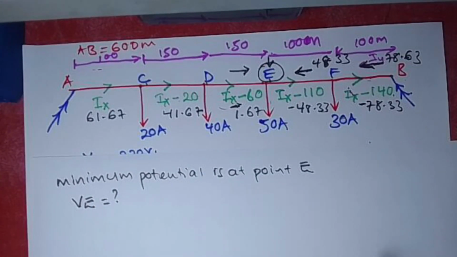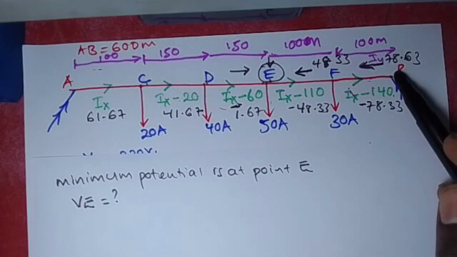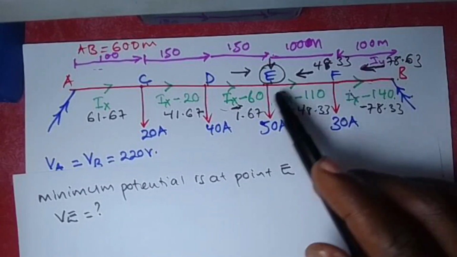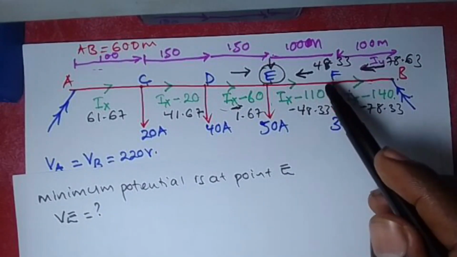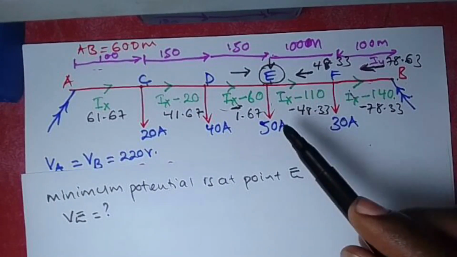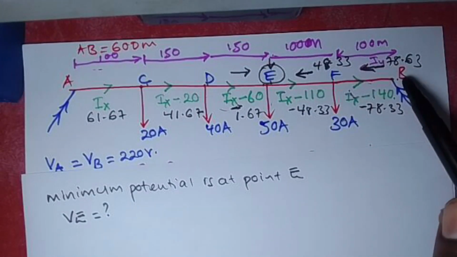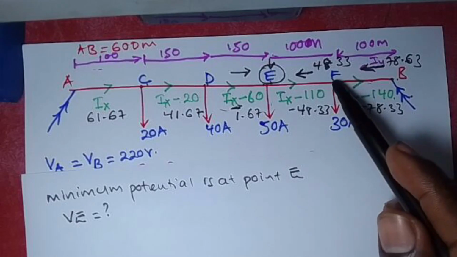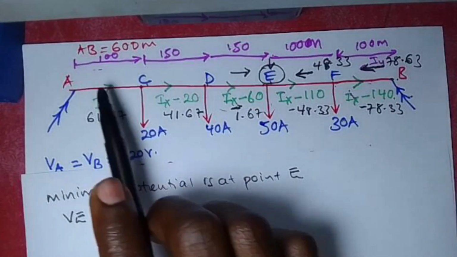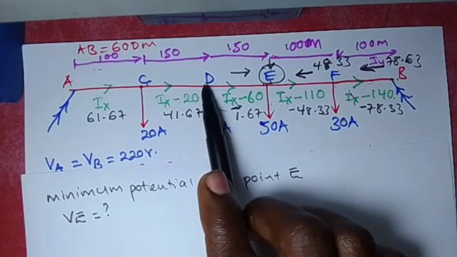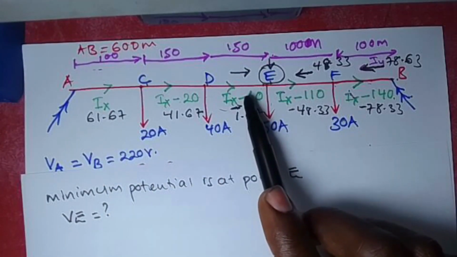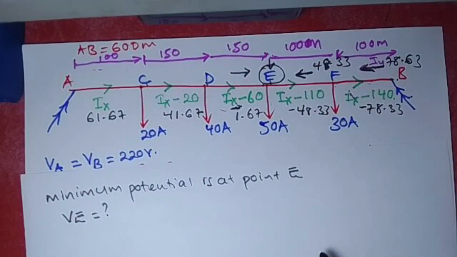You can work from any direction which you want, but it is always good to look at which point is nearest to the nearest feeding point, and you work from that direction towards the center. For example, if I work from this point, I'll only need to calculate the voltage drop across this and also the voltage drop across this. But when I work up from this direction up to here, I'll need to calculate the voltage drop across this also, and across this. That means I have 3 more workings to do here. Here I only have to do 2 workings, okay?